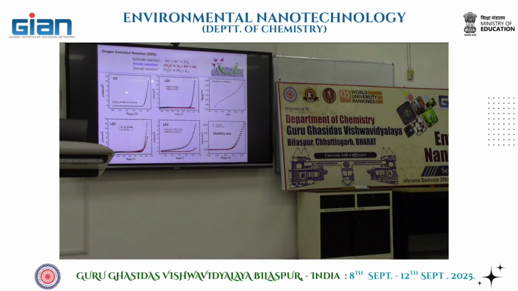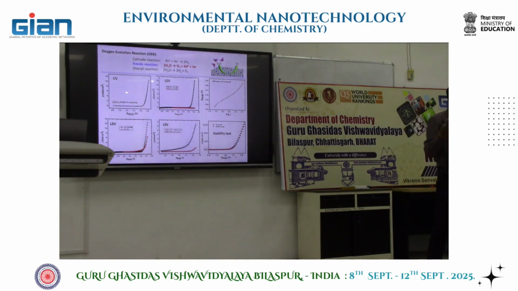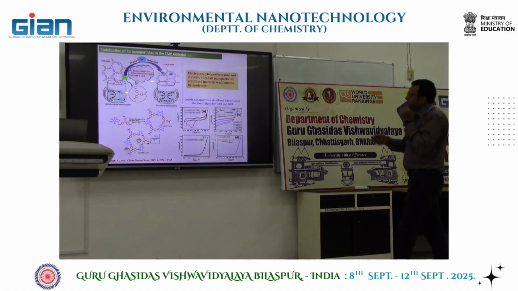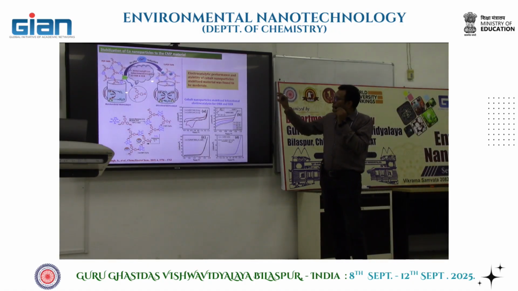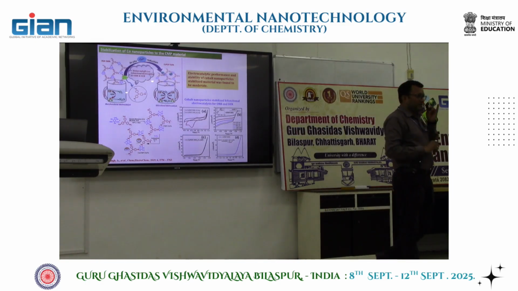So now we have two materials. One is basically cobalt based, the other one is triphenylamine based, and one is showing ORR, another is showing OER. Then we have another design where we tried to put it in such a way that we can have both together.